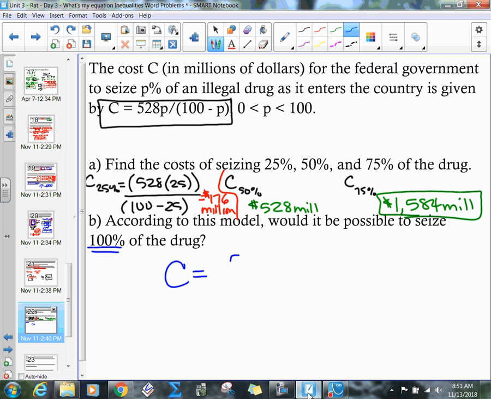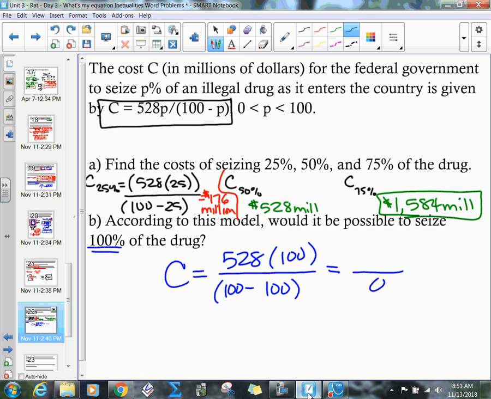So look at your possibility here: 528 times 100 over 100 minus 100. Please note that you are all of a sudden dividing by 0. So guess what? It is not possible to get rid of 100% of those drugs that are coming in.